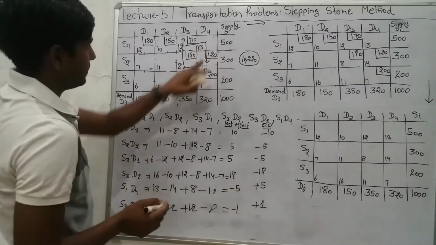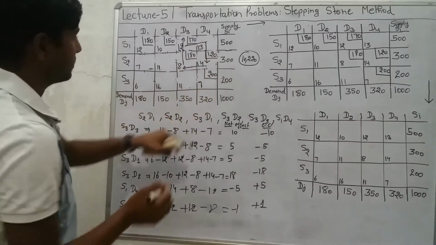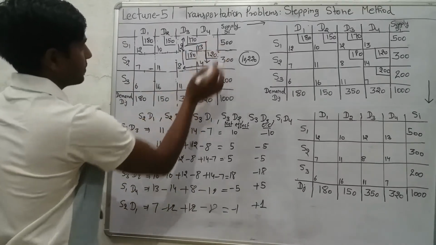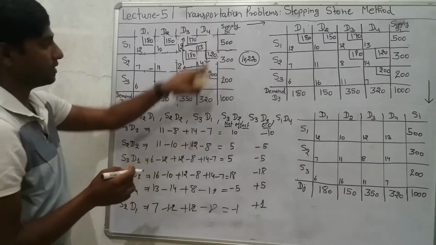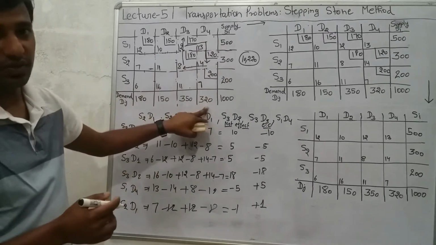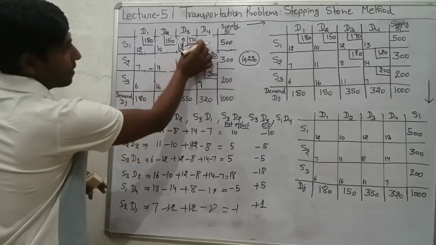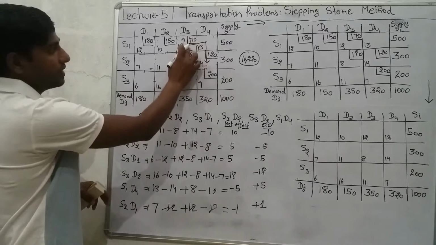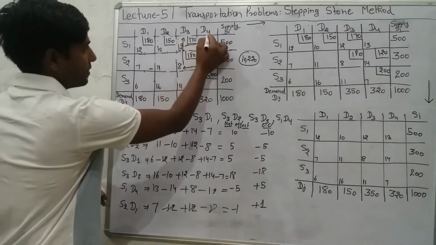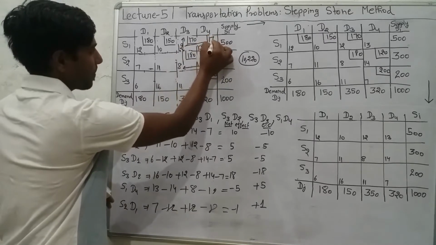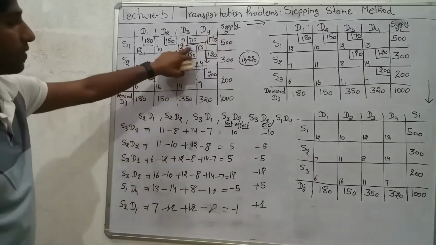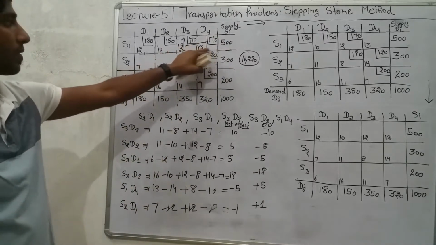Look at this cell. What is the requirement of this cell? Destination demand was 320 units. And what is the availability of units here? 170. So suppose we transfer all of the units from this cell to this cell.